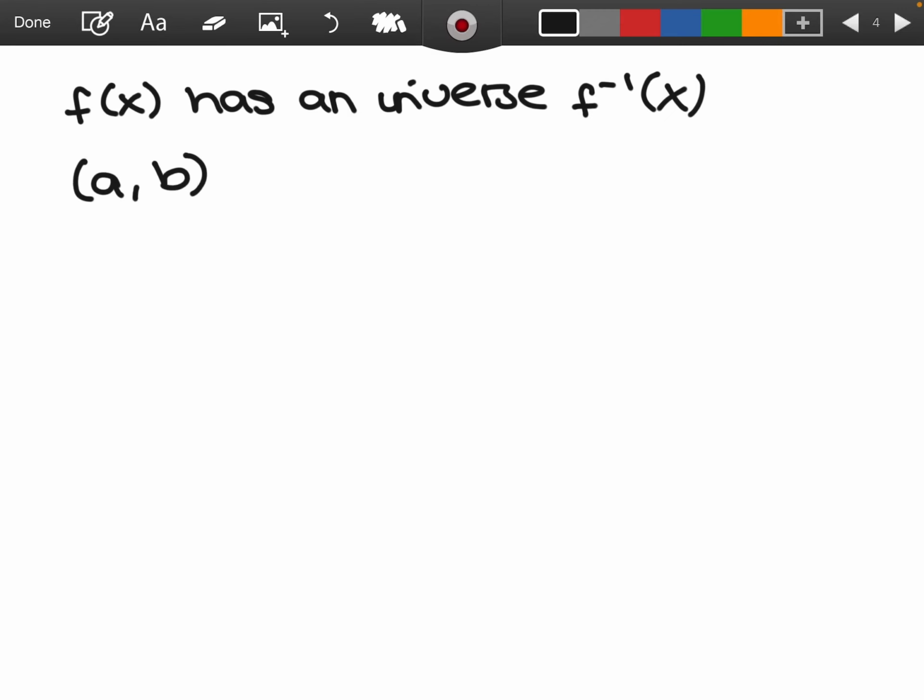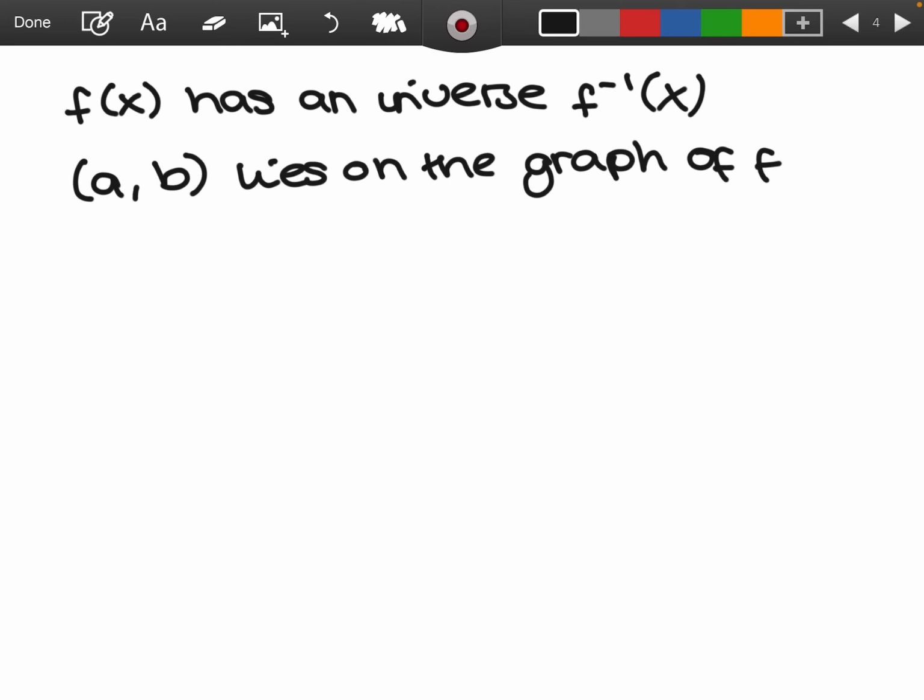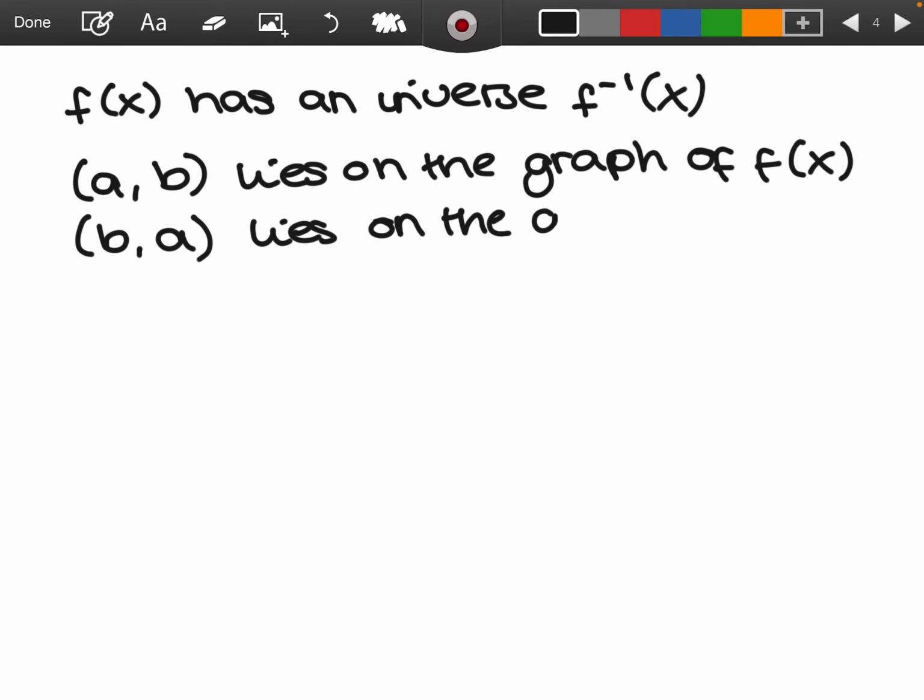If I've got a particular point, we'll call it a, b, and it lies on the graph of f of x, for the inverse function, you actually find that by switching the x and y coordinates, that point will then lie on the graph of the inverse function.